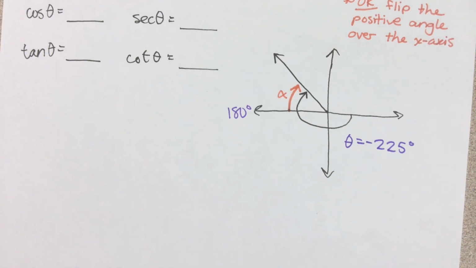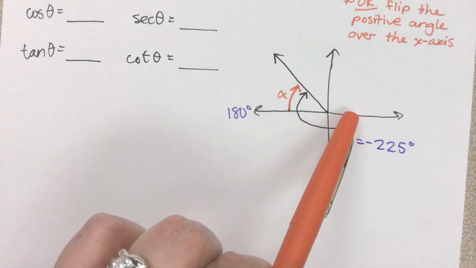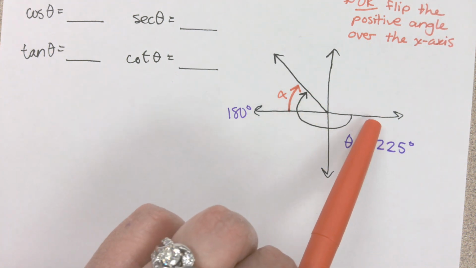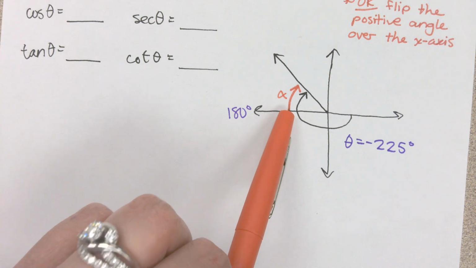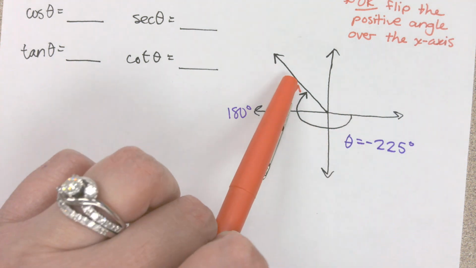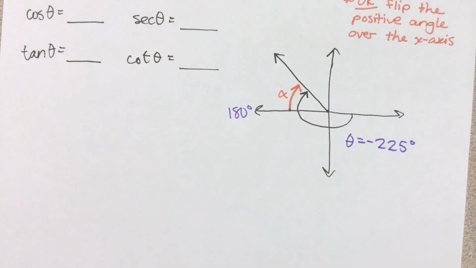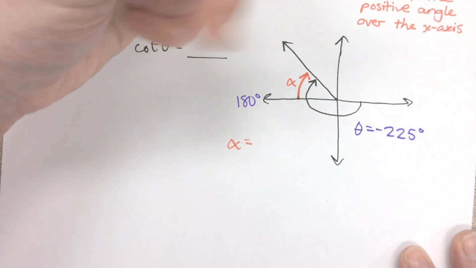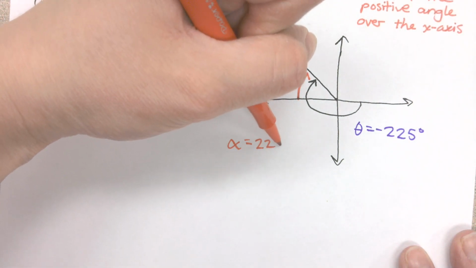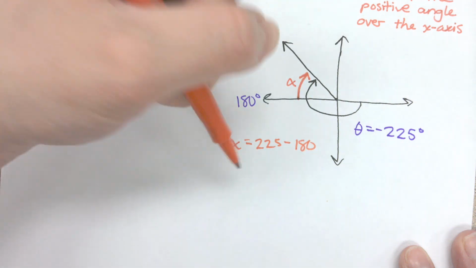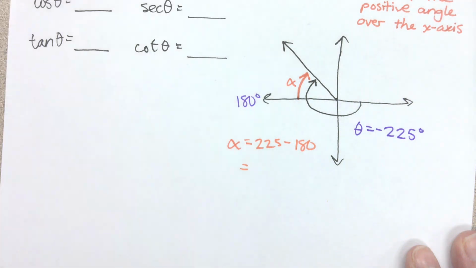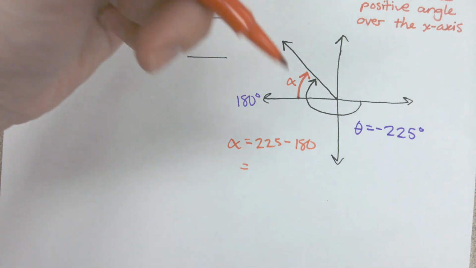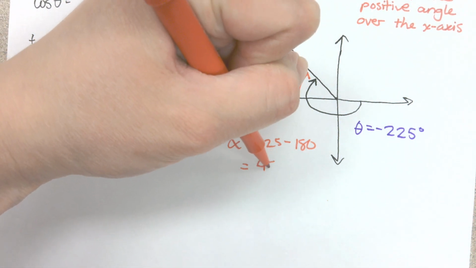So thinking back in terms of positive numbers, this curve here is 225 degrees, and then up to the x-axis, this part's 180. So 225 minus 180 will give us the portion that is alpha. Alpha equals 225 minus 180. And 45, thank you, that's correct. 45 degrees.